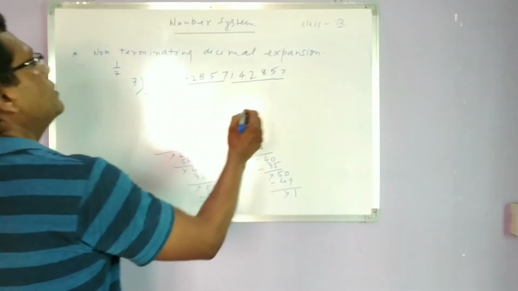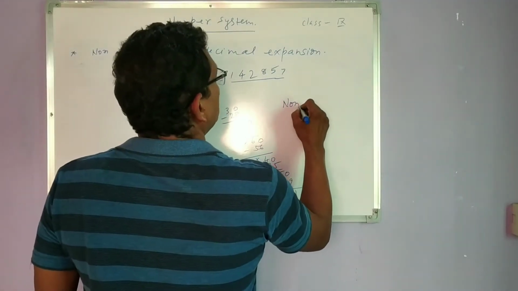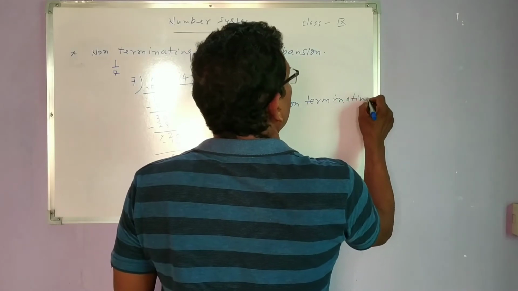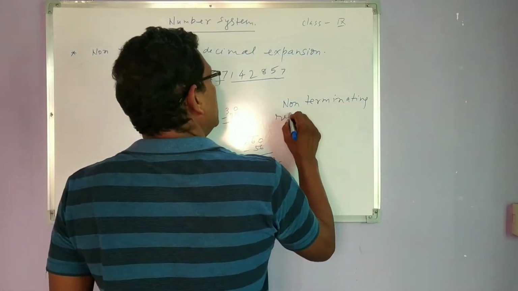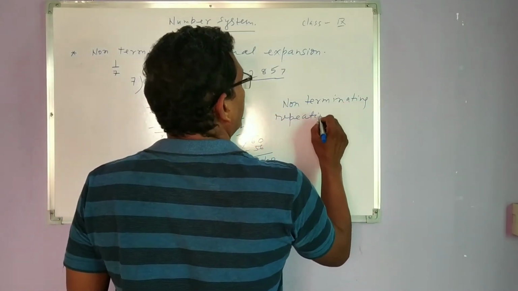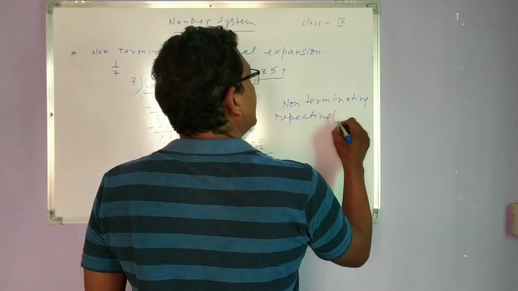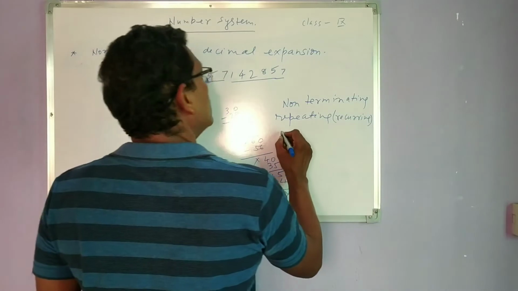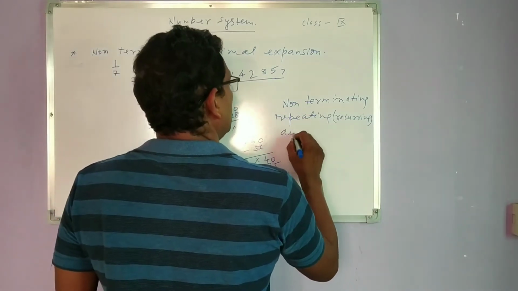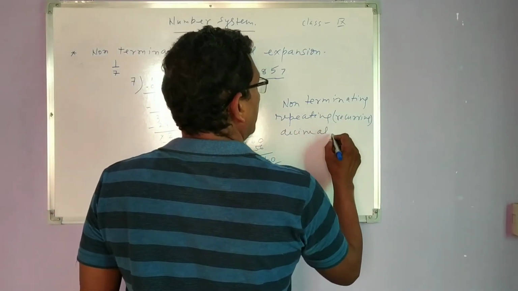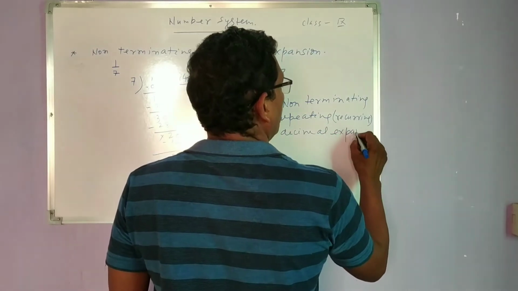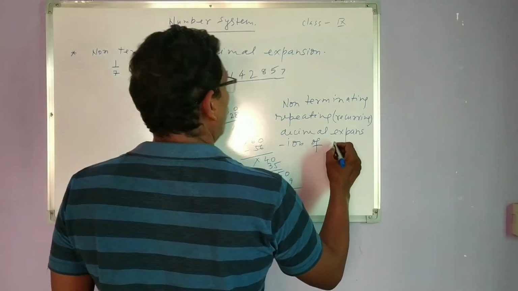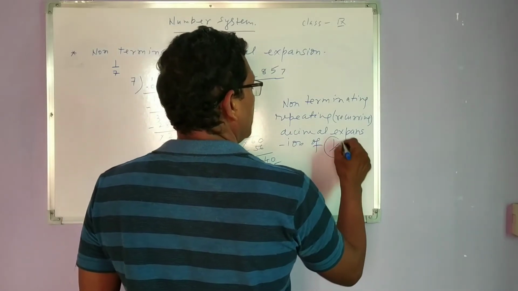So we call it non-terminating repeating, or you may say recurring, decimal expansion of 1 by 7.